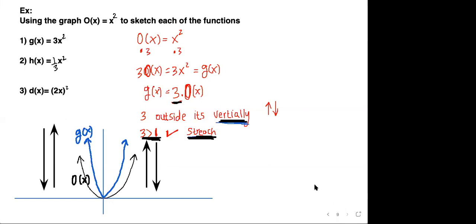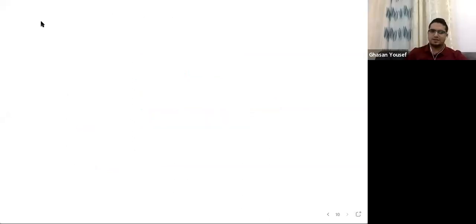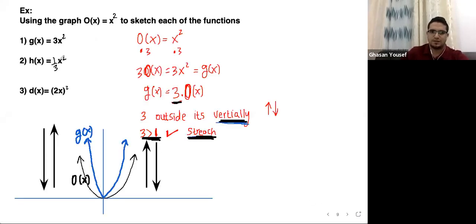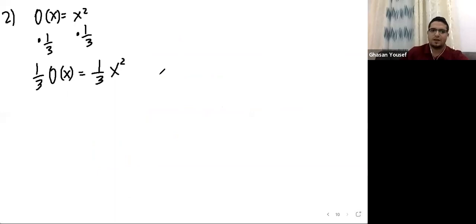I think first you're supposed to multiply by 1 over 3 on both sides. Yes, exactly. So the original function is f of x equals x squared, and you multiply both sides by 1 over 3. I get 1 over 3 f of x equals 1 over 3 x squared, which is exactly the same as h of x.